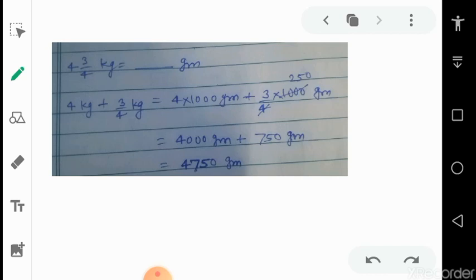Second is the proper fraction. Now both these values are multiplied by 1000. So why both? Because the whole quantity is converted into gram. So we have just divided this quantity. It means the 1000 gram will be multiplied by both.